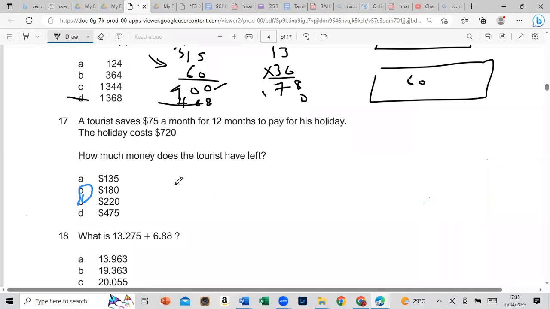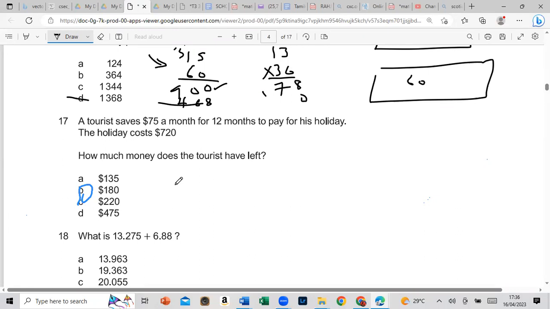All right, so let's look at 17. A tourist saves $75 a month for 12 months to pay for his holiday. The holiday costs $720. How much does the tourist have left? Sir, I did that before, a while ago, because it's on this screen, 16. All right, everybody work it out and tell me when you get it.